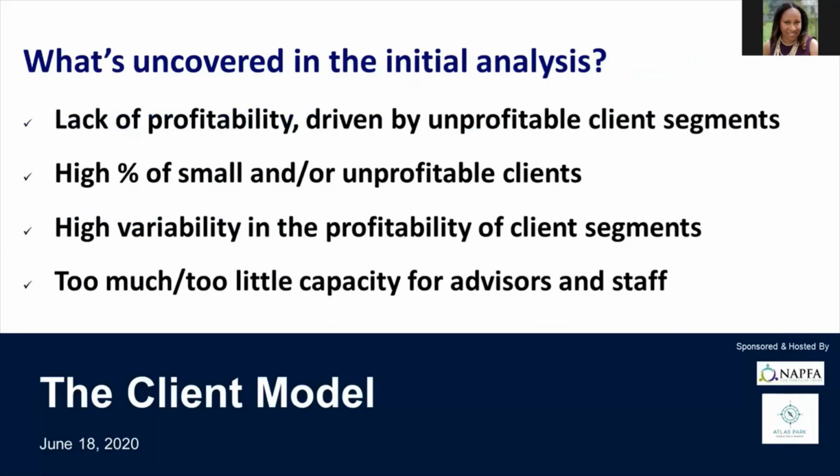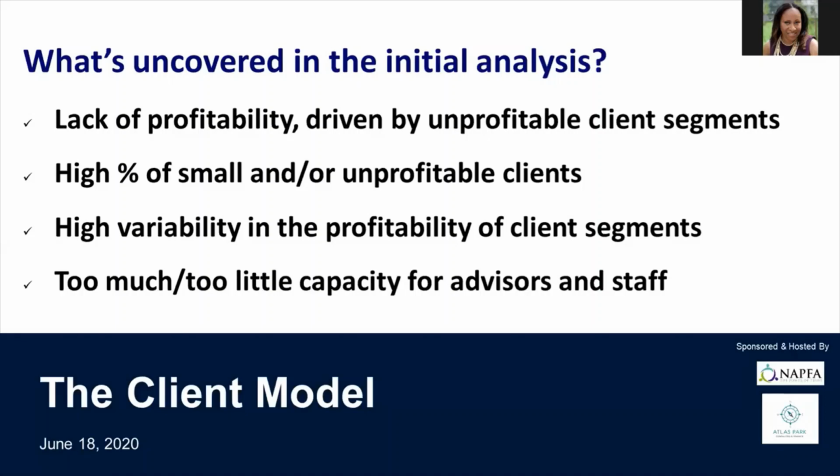So what's uncovered in this initial analysis? What you want to do is think about the lack of profitability driven by unprofitable client segments. Maybe you have more C and D clients than A and B client segments, which we're going to cover. Maybe you have a higher percentage of smaller and/or unprofitable clients.